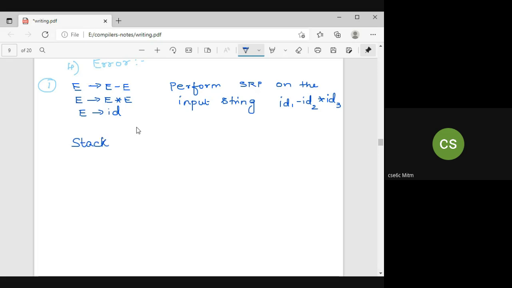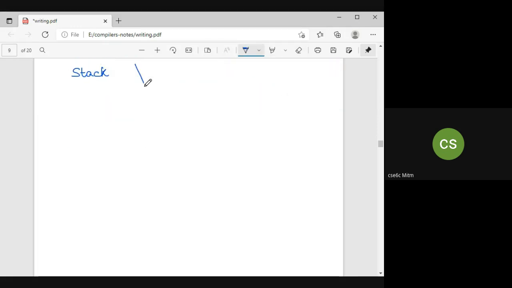We need to know what the stack contents are. The second column will be the input column.